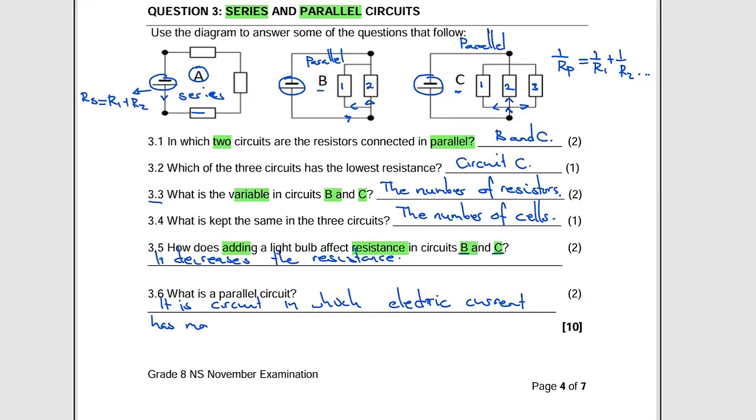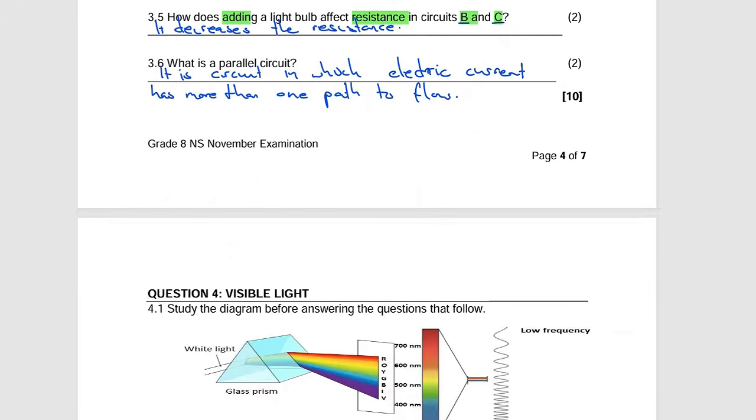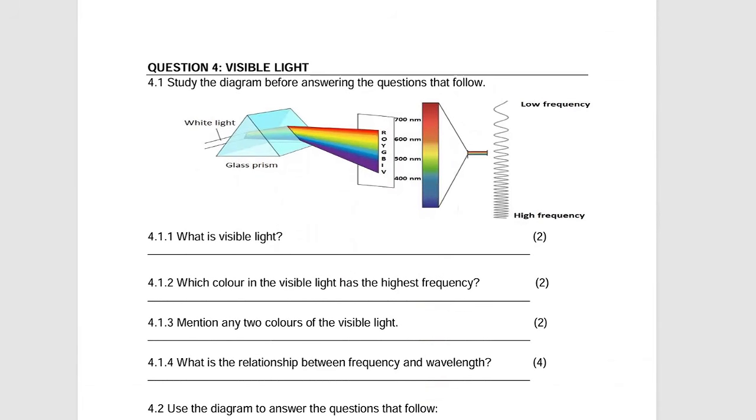Yes, more than one path to flow, like that, right? So we've got more than one path for current to flow.